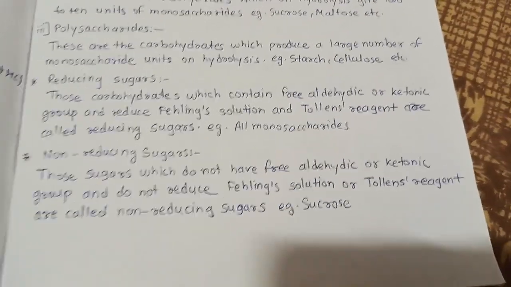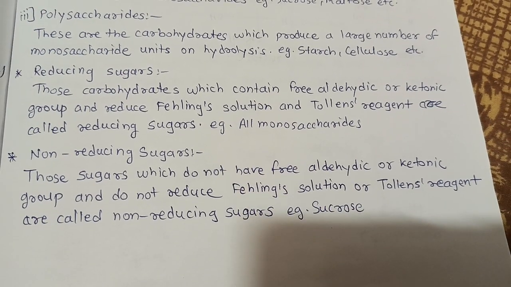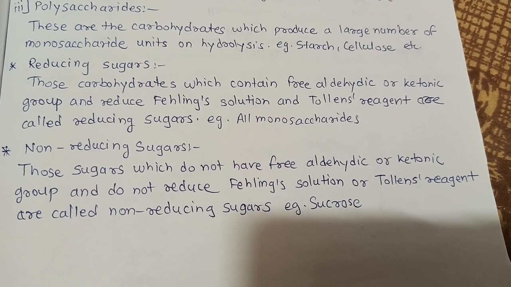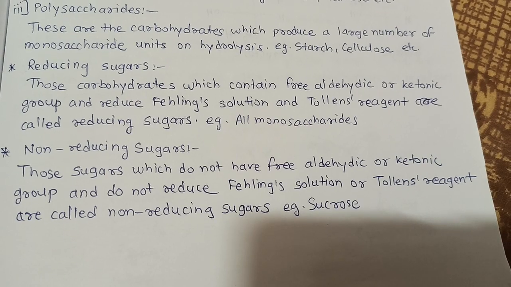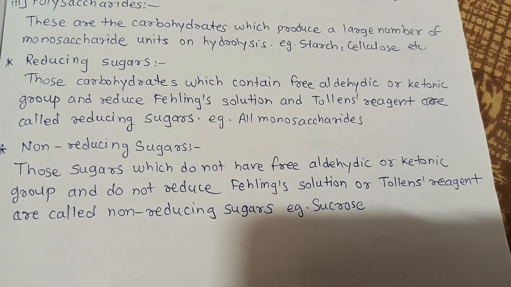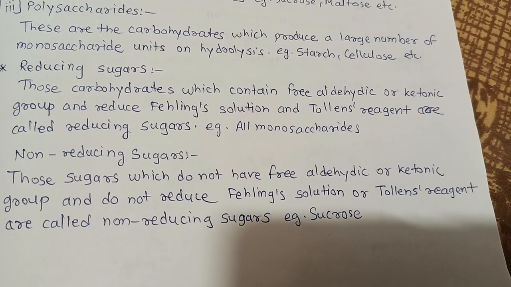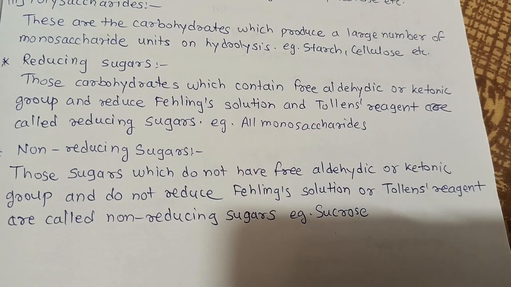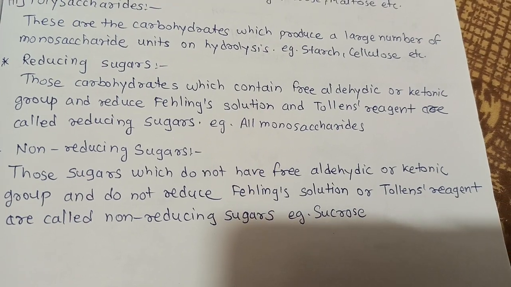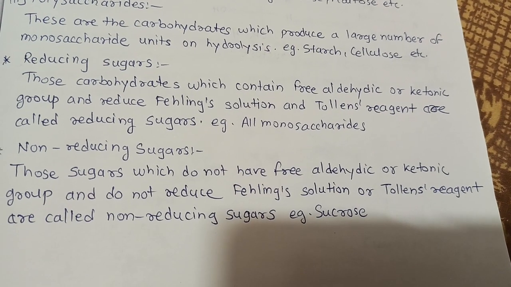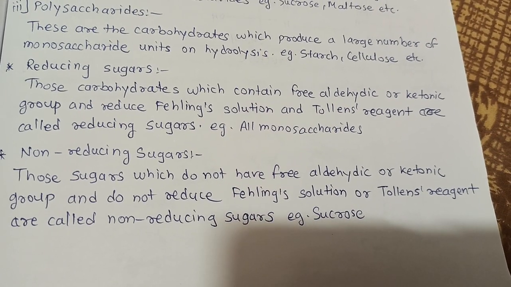Then the next part is reducing sugars and non-reducing sugars. Those carbohydrates which contain a free aldehydic or ketonic group and reduce Fehling's solution and Tollens reagent are called reducing sugars. All monosaccharides are reducing sugars.